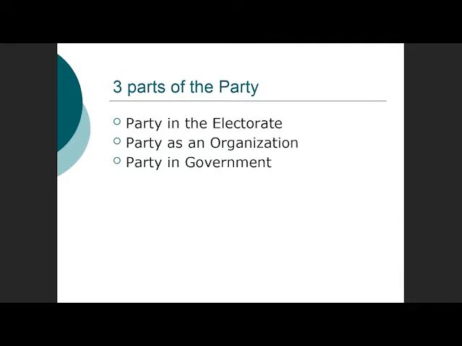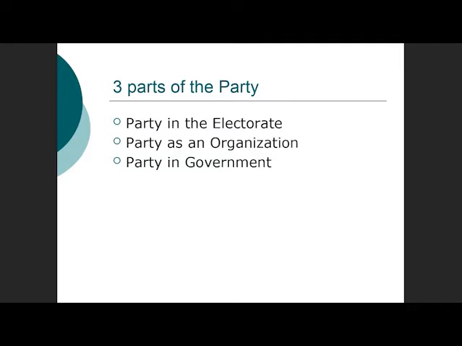And in doing so, we're also going to describe the internal organization that we see within the political party. Now, the one thing you have to remember is that this is very much a generalized description because each state can organize their party, and each party in each state can organize their party and structure the way they want to.